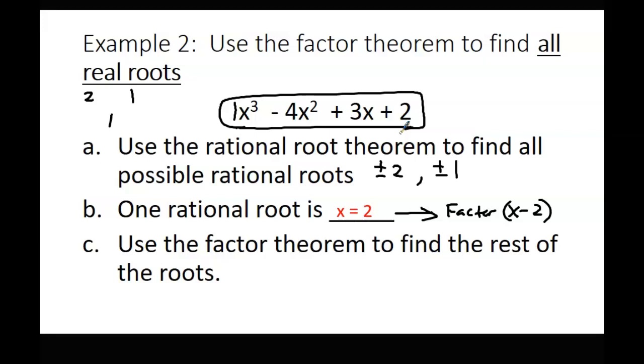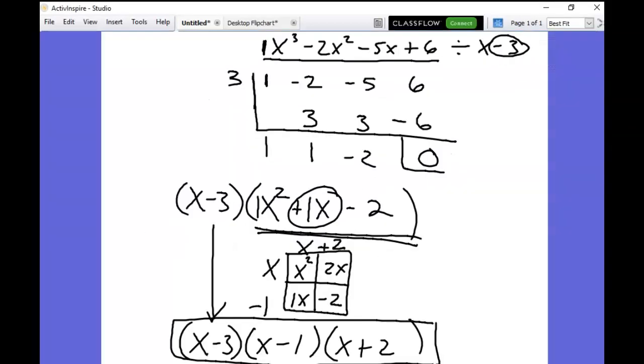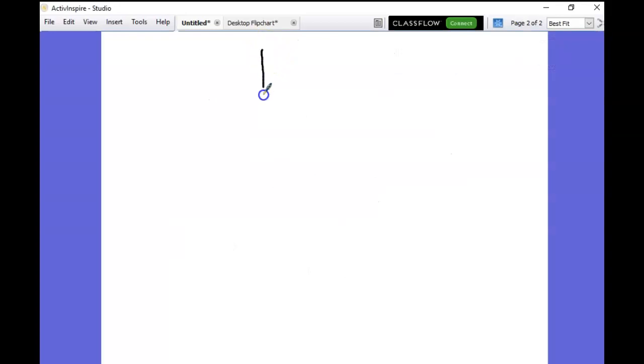All right. I'm going to need some help here. So, synthetic division time. What are the coefficients on my polynomial? 1, -4, 3, 2. Good. And we're dividing it by x minus 2, so I'd put a 2 out here, right?